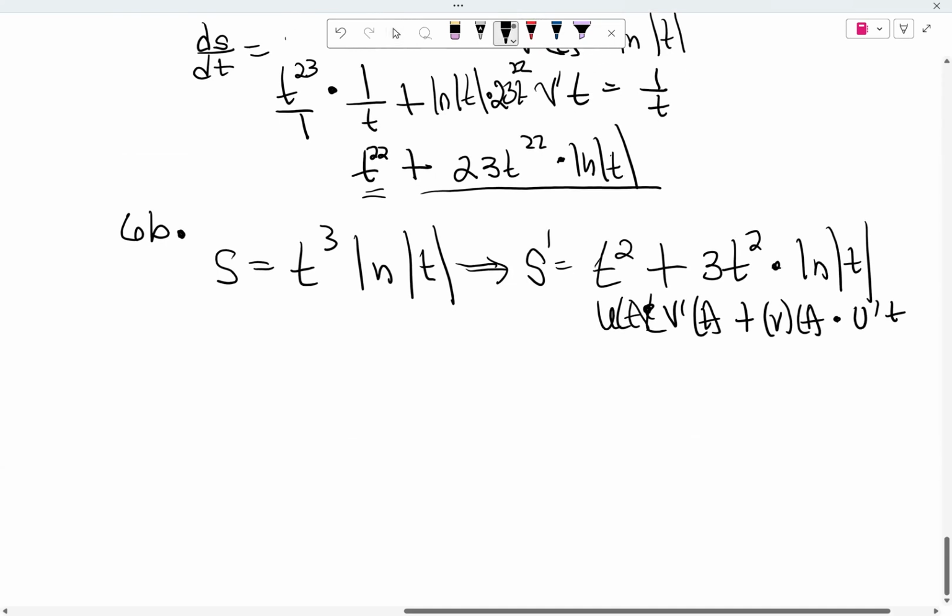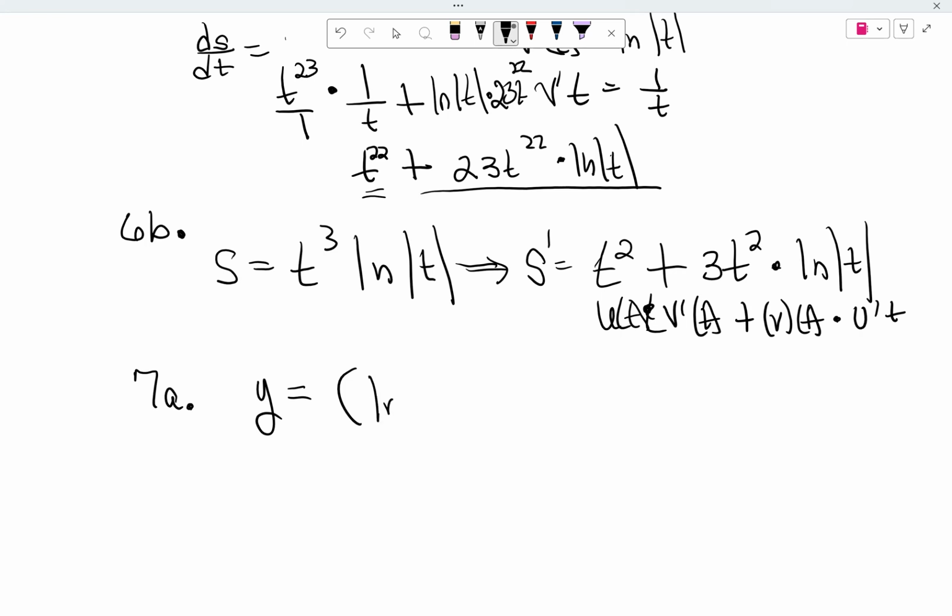Okay, so that wasn't terrible. Let's take a look at a different concept. Same concept, but different process. So here I had given you a function where y equals the natural log of the absolute value of x plus 5, to this x power. Can you find that derivative?